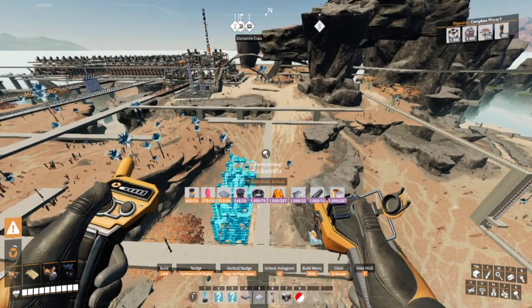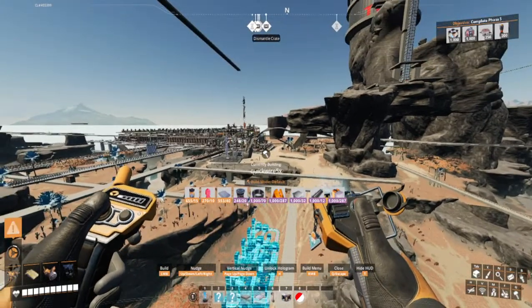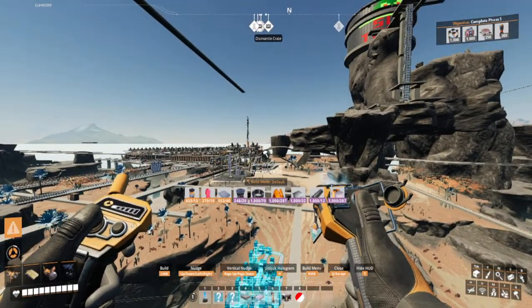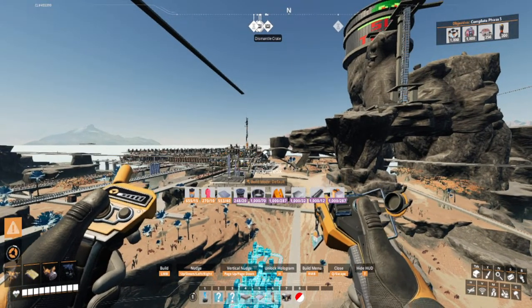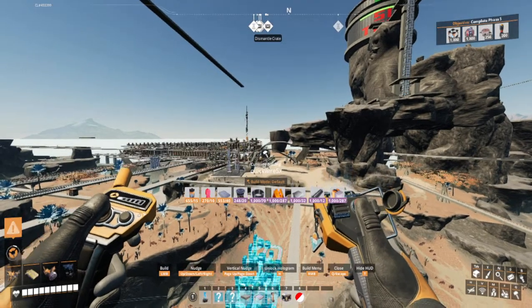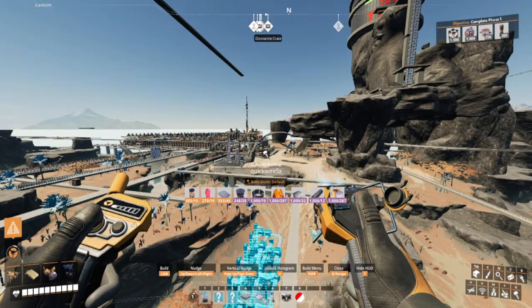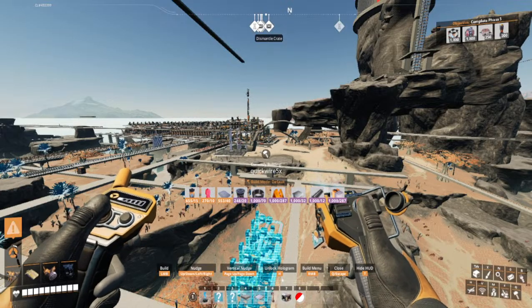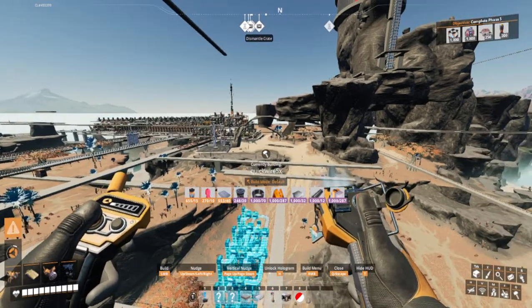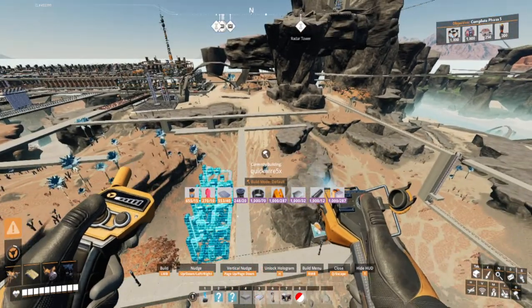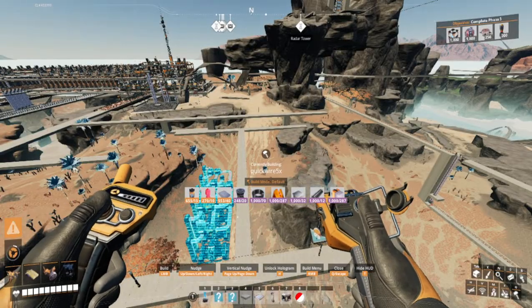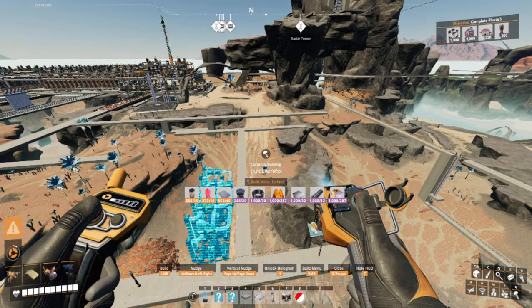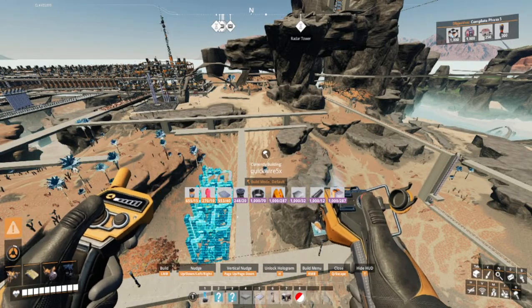I don't know about 4. 1, 2, and then at least 3 at least here. And then 4. Then I have to develop the output. I need a little blueprint spot.